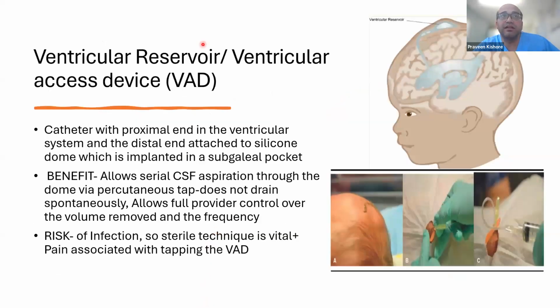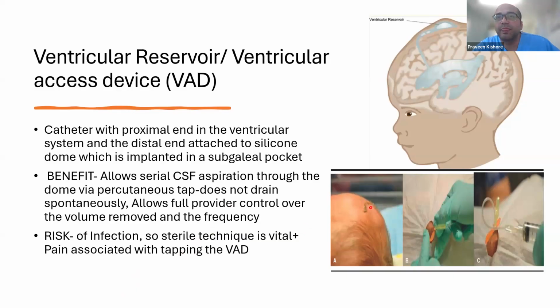Then the other option is ventricular reservoir or ventricular access device. Here, the catheter tip is in the lateral ventricle, and the distal end is connected to a silicone dome that is again in the subgaleal pocket, but it does not allow it to flow automatically. So you can control how much CSF you want to take out. It allows serial CSF aspiration.